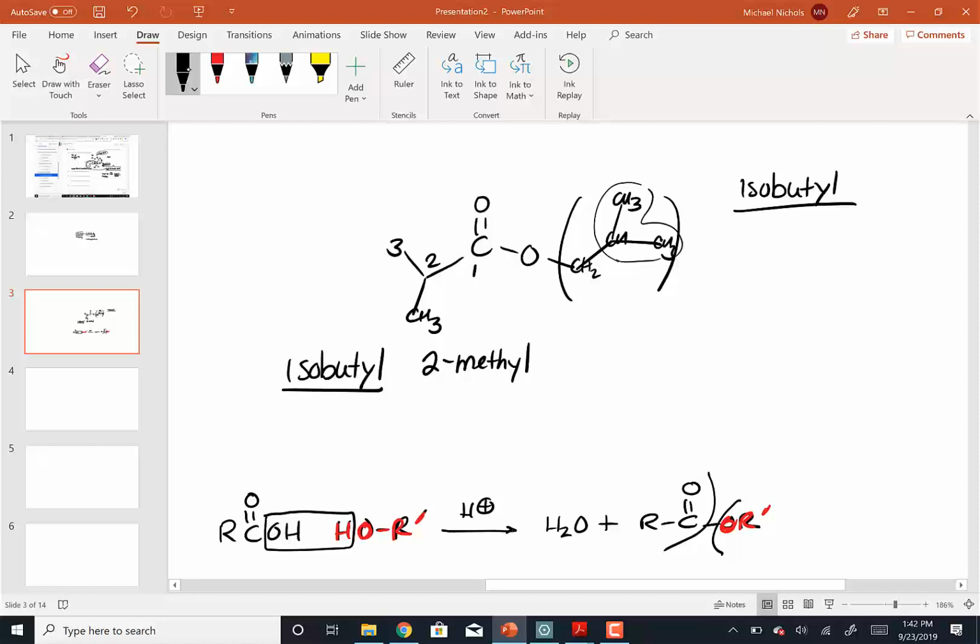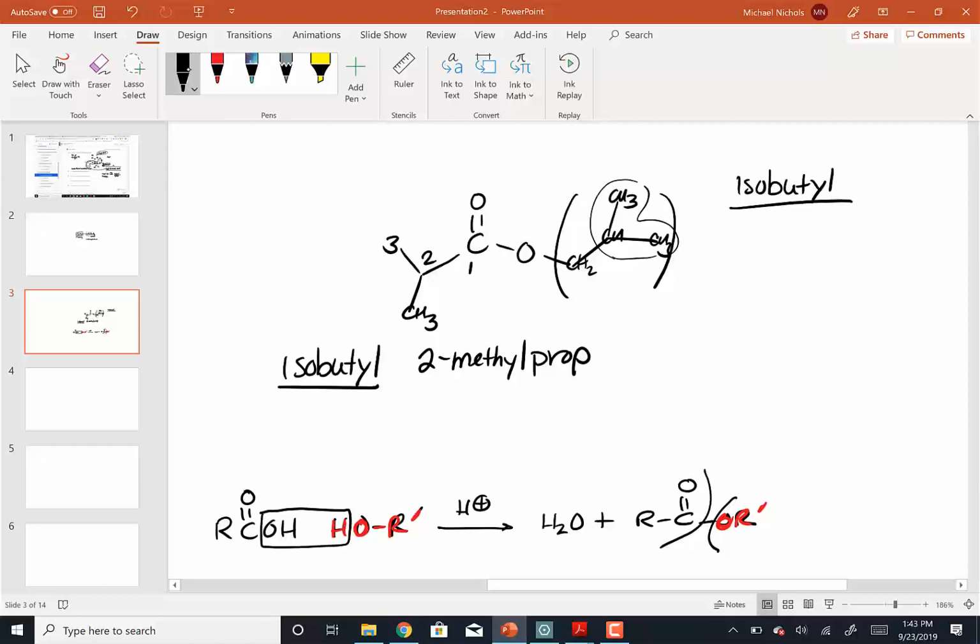This is a 3-carbon chain on my carboxylic acid part. So that means I'm going to have prop. Is it all single bonds or is it a double or a triple bond? The longest chain is all single bonds, so that means it's going to be prop-an.